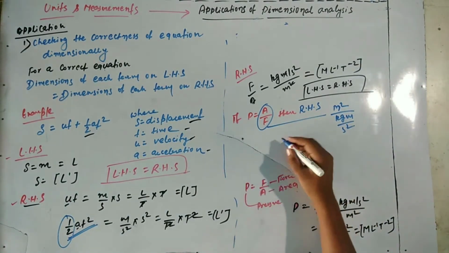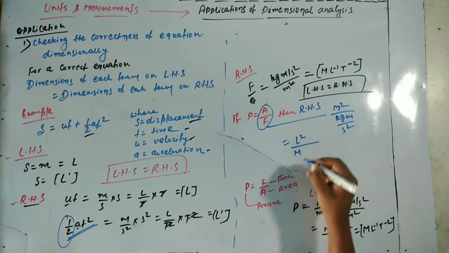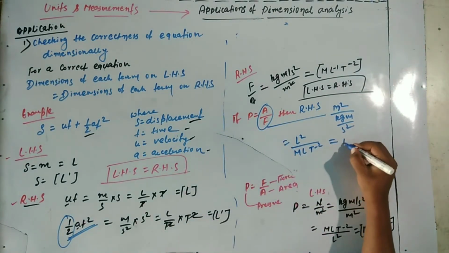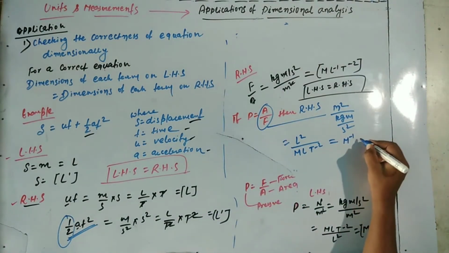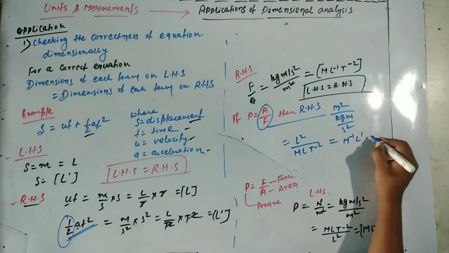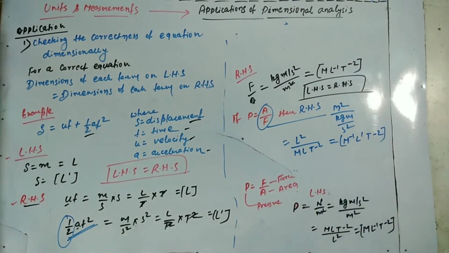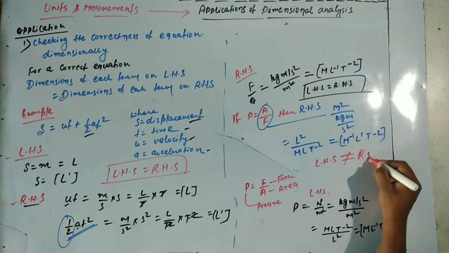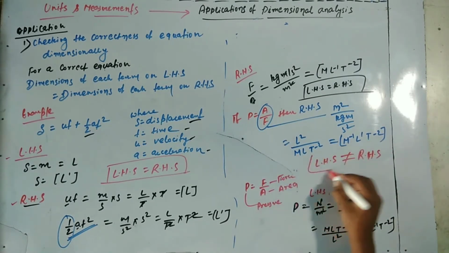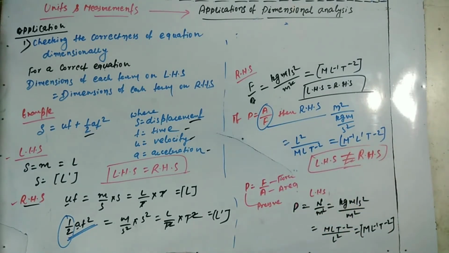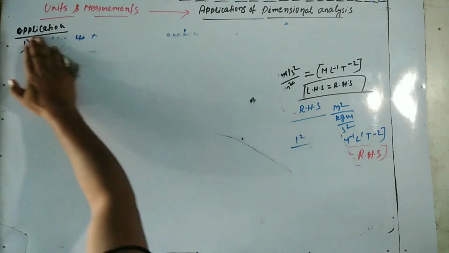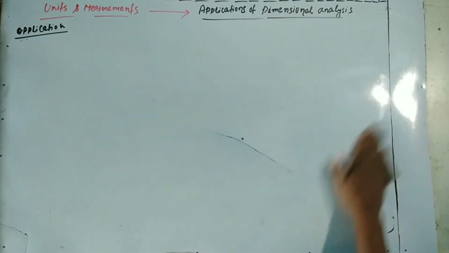So its dimension will be L power 2 by M L T power minus 2, equal to M power minus 1 L T power 2. So this is not equal to LHS. Therefore LHS does not equal RHS. So it can detect the incorrect dimensions because there is no unitless term.